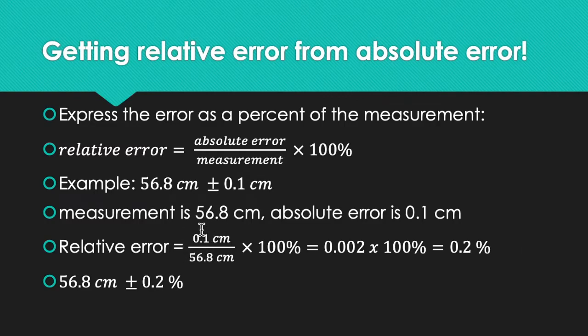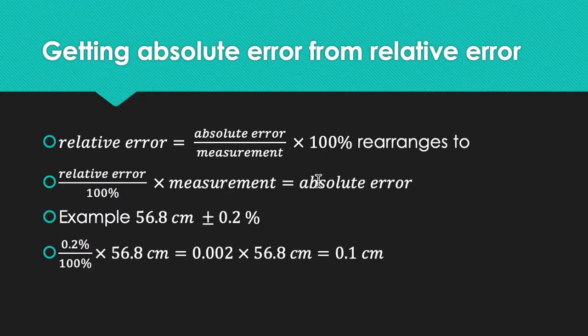Also, I've reduced the number of digits because the uncertainty we only know to one digit. Expressing this as 0.176% would not be appropriate. We don't have that much certainty in our error. So instead of writing 56.8 centimeters plus or minus 0.1 centimeters, we could also write this as 56.8 centimeters plus or minus 0.2%. That's our uncertainty expressed as a percent.